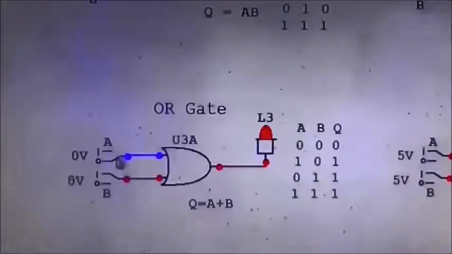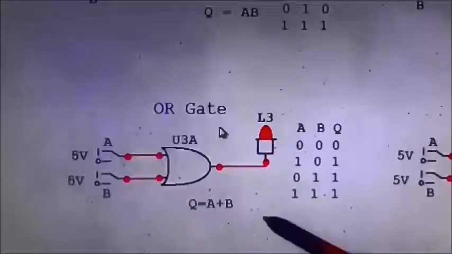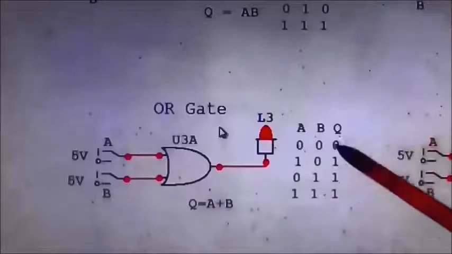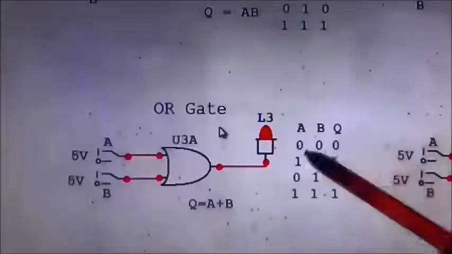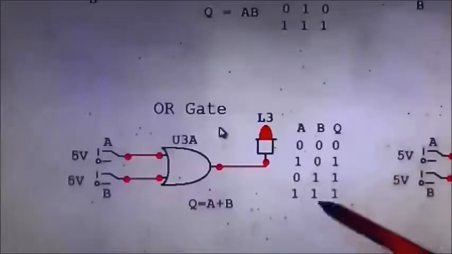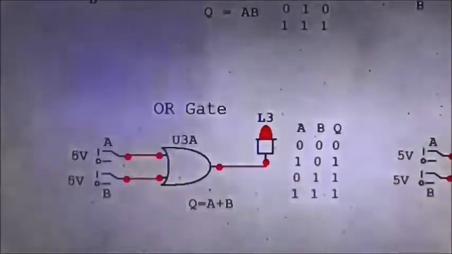And if both inputs are equal to 1, the output is high. The Boolean expression is Q equals A plus B, and we can see how that works. 0 plus 0 equals 0, 1 plus 0 equals 1, 0 plus 1 equals 1, 1 plus 1 actually equals 2, but for this purpose we'll call it equal to 1 anyway, because that's what the output is.